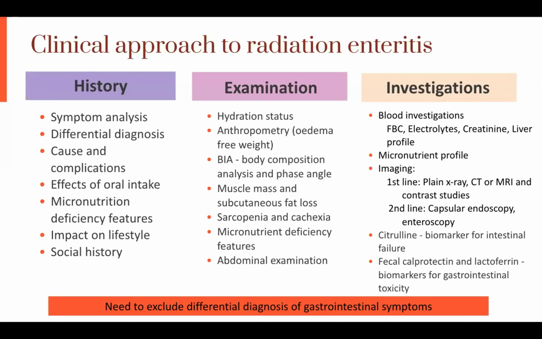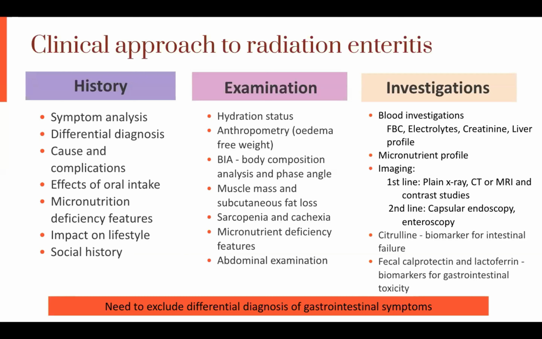So looking into the full blood count for infection signs and hemoglobin is important. Electrolyte abnormalities are very common because of the diarrhea and the losses in the vomiting. Acid-base balance, creatinine, liver profile. And if you have micronutrient profiles, which we do not have, make use of that.